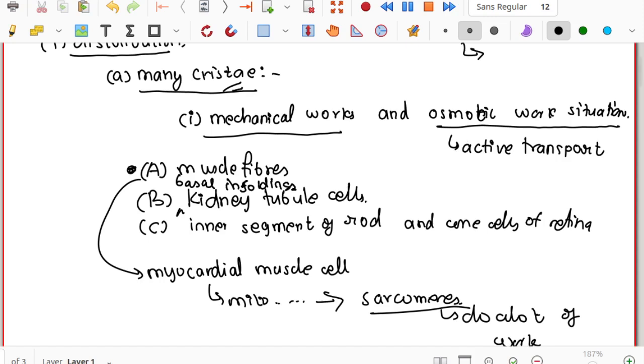So in those types of cells where osmotic work occurs with active transport, those cells also need a lot of ATP, because ATP is required for the transport, and in those cells many cristae are found in order to synthesize many ATPs.